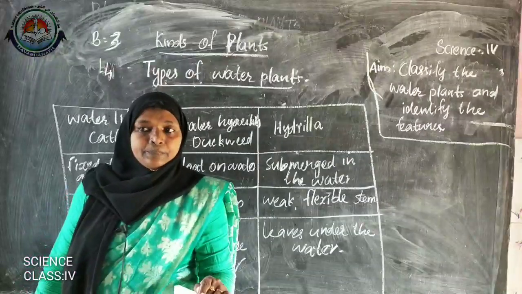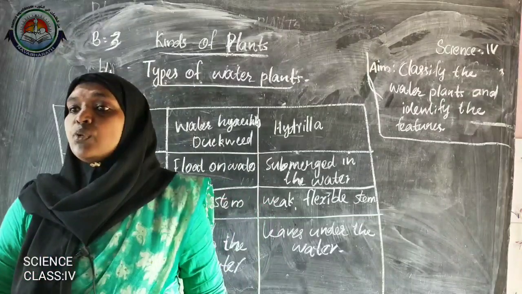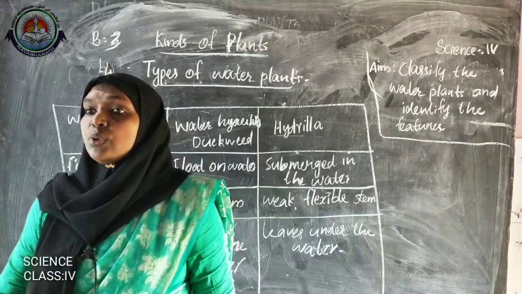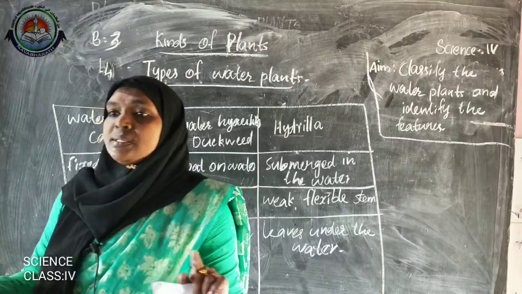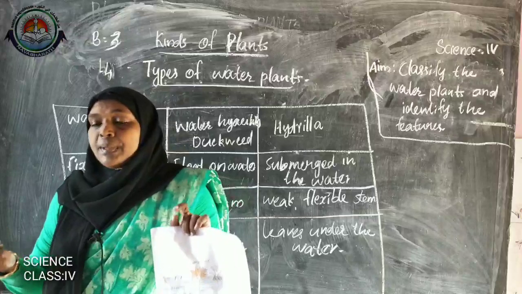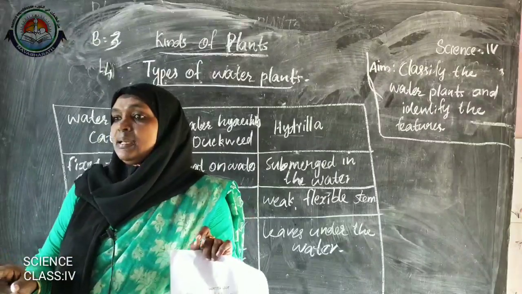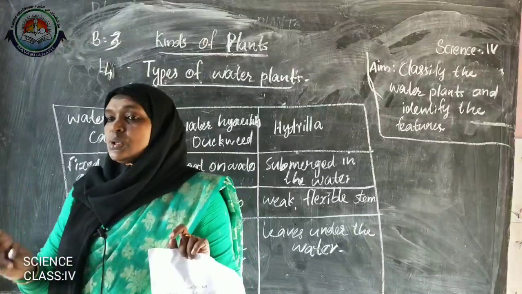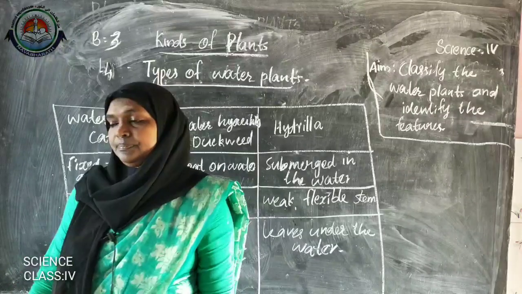Clear? Right. Then why is it that some plants can float on water, but others cannot? Yes, some plants like lotus and cattail are fixed to the ground by their roots, so they can't move on the water.